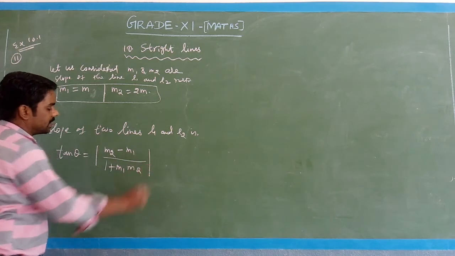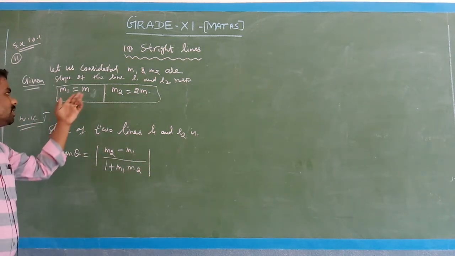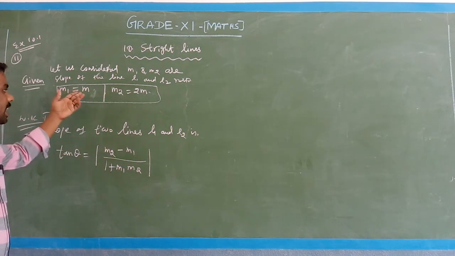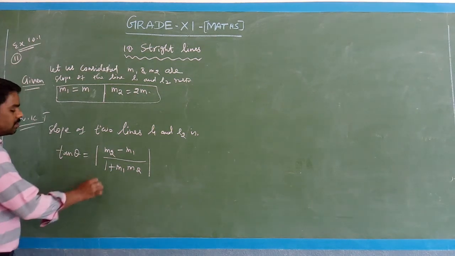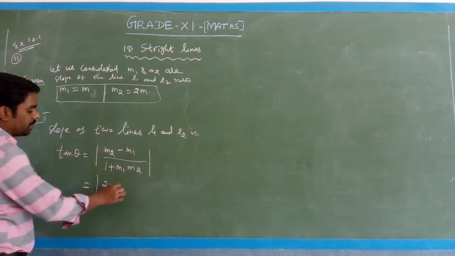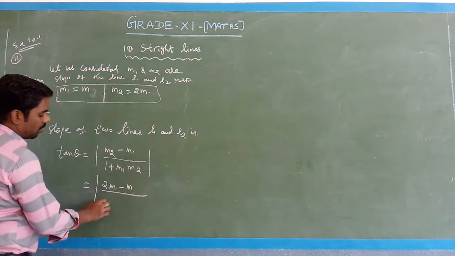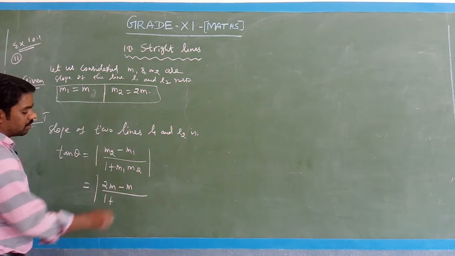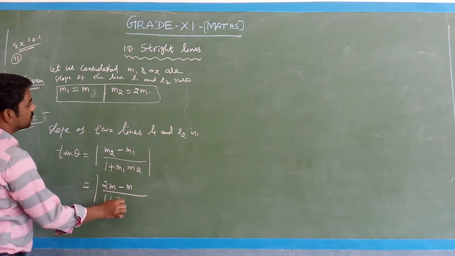Here m1 is equal to m and m2 is equal to 2m. So substitute these values. m2 is 2m minus m1 is m, so 2m minus m divided by 1 plus m1 is m and m2 is 2m. So m into 2m is 2m square.